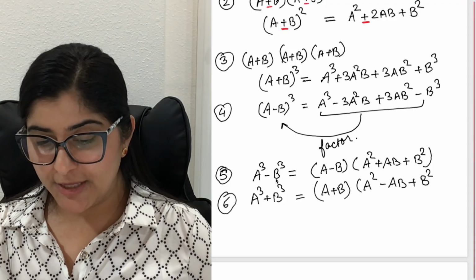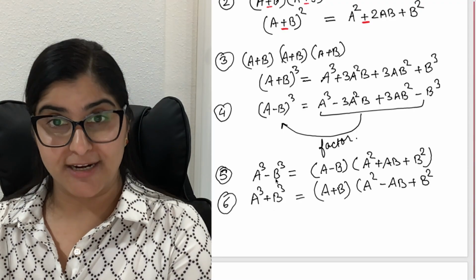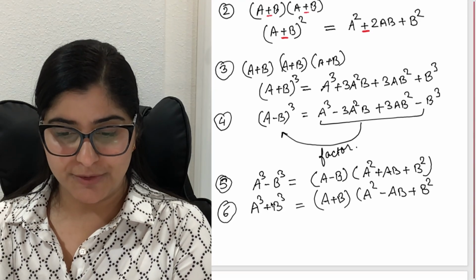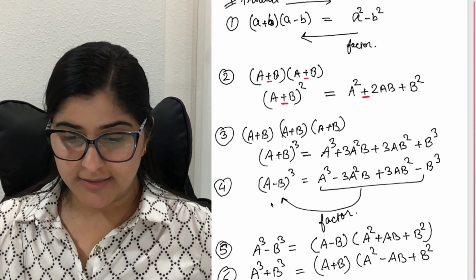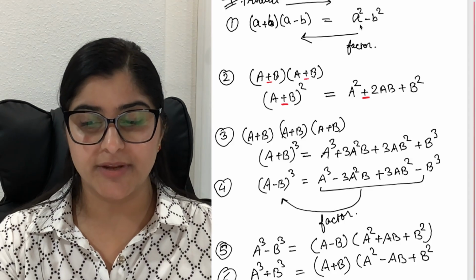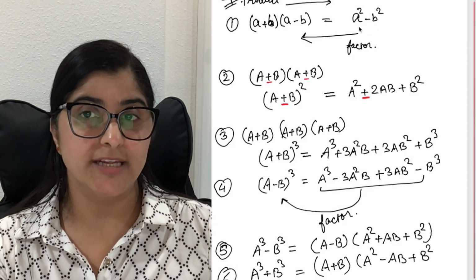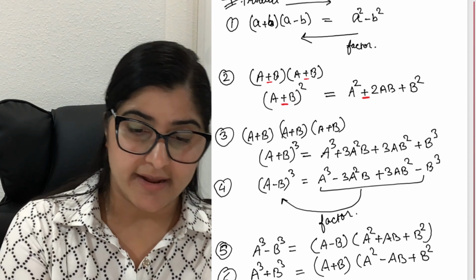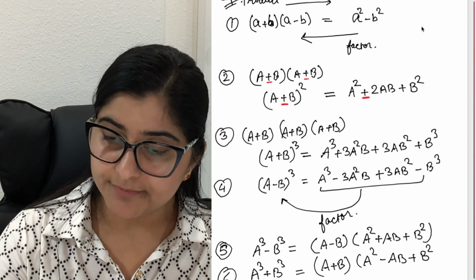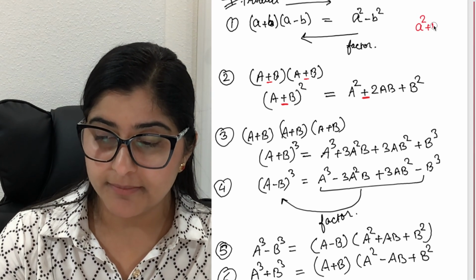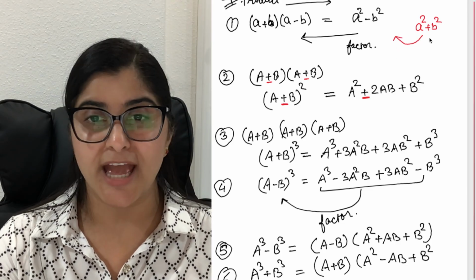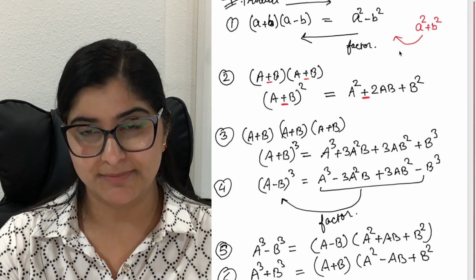You see that for the cubes we have the special factoring for the difference of 2 cubes and the sum of 2 cubes. But for the squares, we have a special factoring only for the difference of 2 squares. Remember, if you have the sum of 2 squares, we cannot factor this.